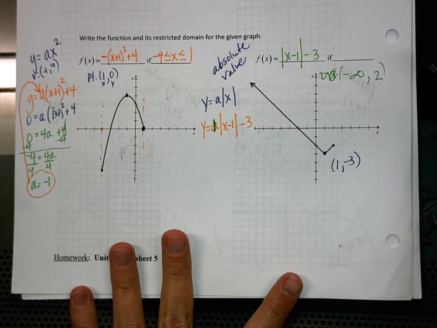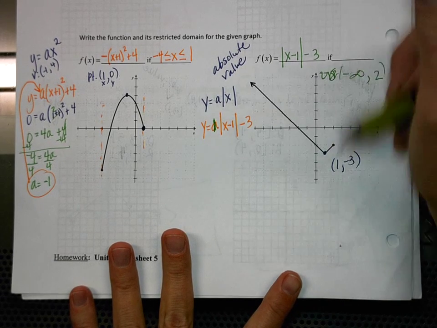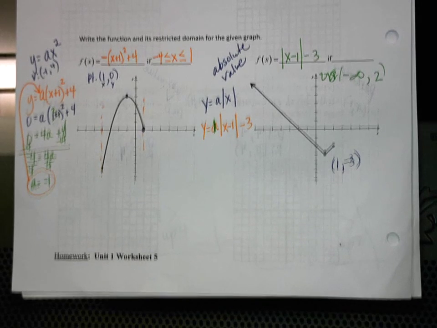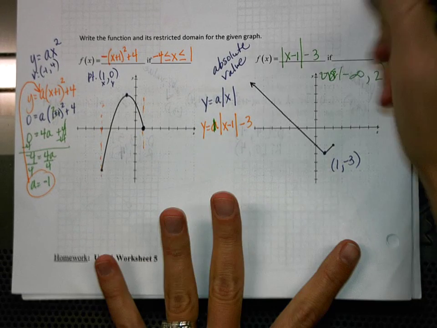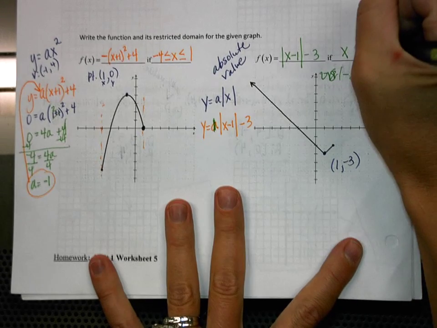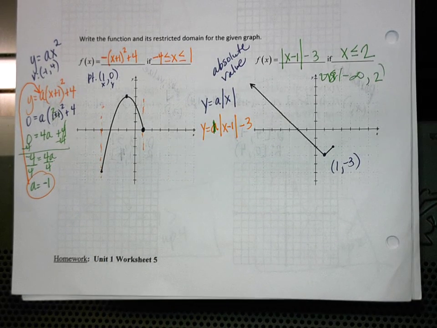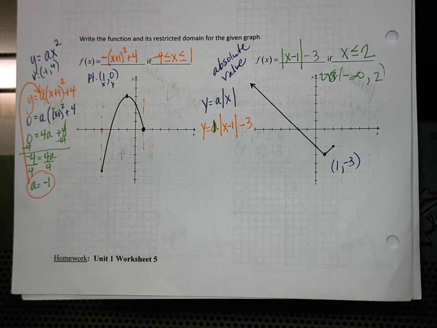So how would I write this? What do you think I would write in order to use an inequality? What does x have to equal? Very good. So it should be if x is less than or equal to 2. Because we're basically stating everything less than 2 will work. Okay? Questions?